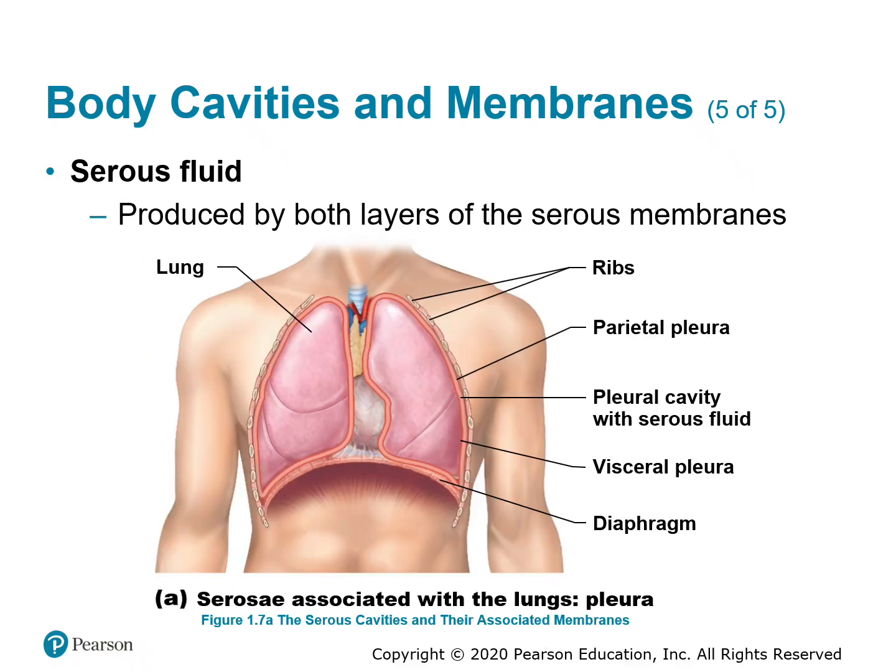Okay? And then serous fluid is just liquid that's made by both of those serous membranes, and it helps keep things lubricated, keep things moving. You wouldn't want dryness in between the two little sheets of your lungs. That would really hurt. Okay? So that serous fluid helps to lubricate both layers of those serous membranes.